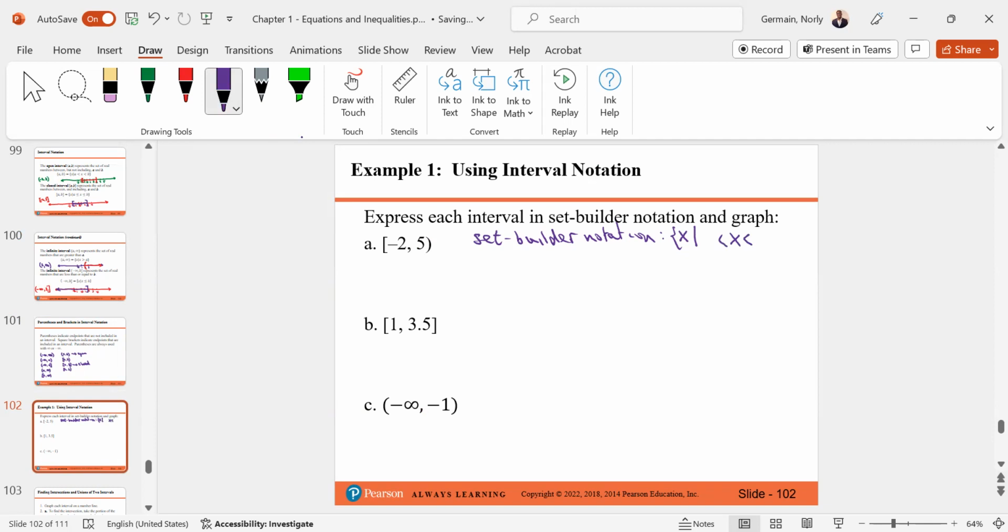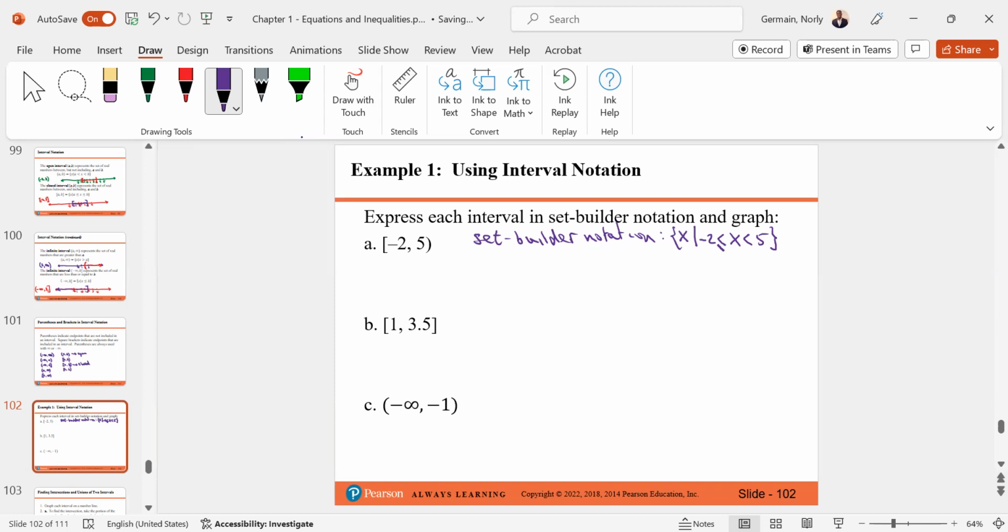Between -2 and 5. But -2 is closed, so instead of using only less than, we use less than or equal to. So we say -2 is less than or equal to x less than 5.